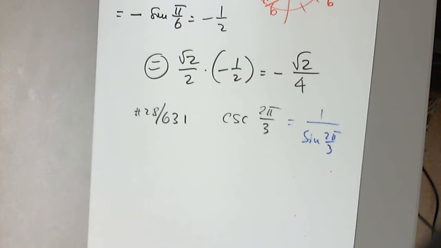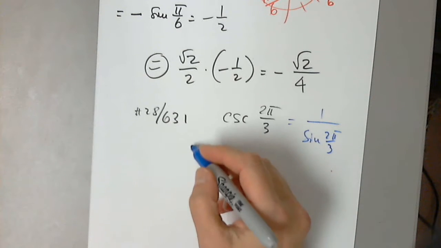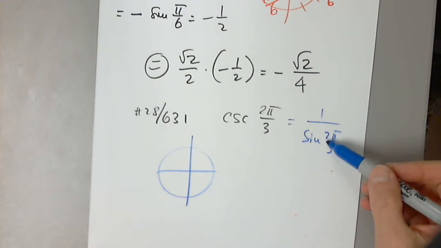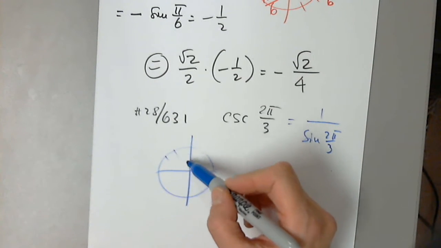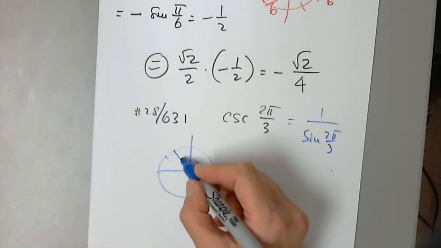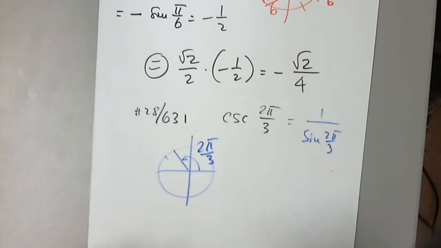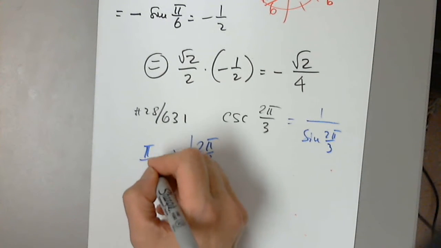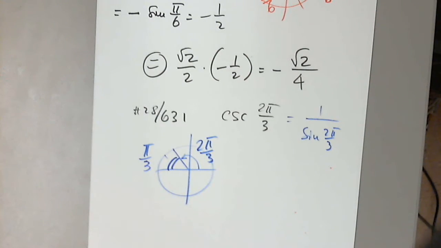2 times 60, 120. So 60 degrees shy of pi. I know that the angle is in the second quadrant, so obviously the sine will have what sign?